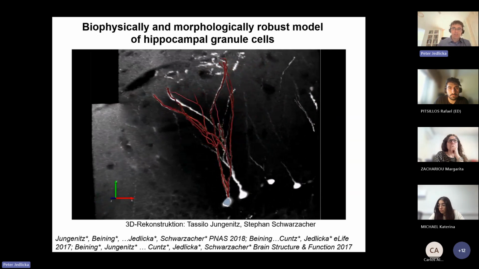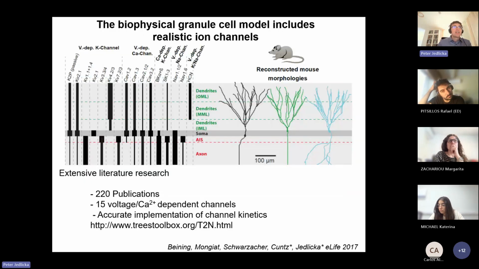So morphology matters. And then we equipped those morphologies with 15 voltage and calcium-dependent channels. We don't have to go into details here, but Marcel Beining, who created this model, was very careful. He read a lot of papers about the distribution of these ion channels. And so we think that this is one reason why this model is so robust.